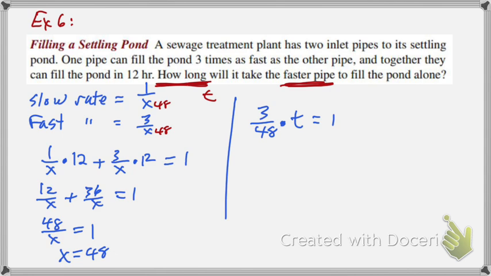Now, they are asking for the amount of time for the faster pipe, so I put the fast pipe's rate, which is 3 over 48, times some amount of time equals 1. Now we're looking for the time. So this is really a two-part problem. A little trickier, but notice we're using the same technique just twice.